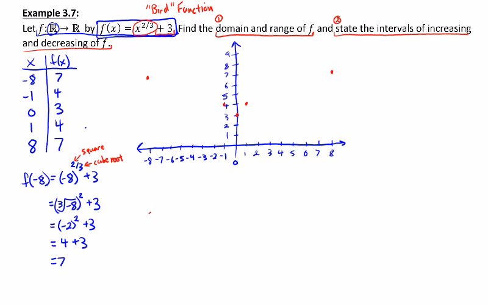We're going to be using the point 0,3 to give us the right side, and then from there we'll go and get the left side. Let's try again. There it is. It looks like that. So it still has that bird function look, and we'll call the graph of this f, but it's just been shifted up by 3.